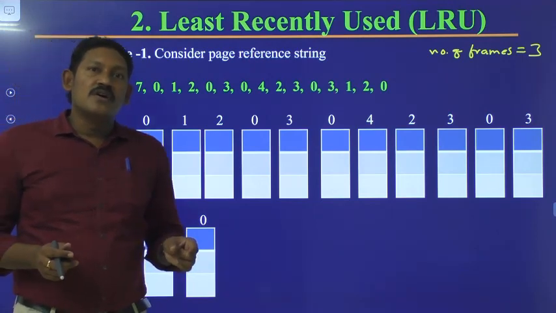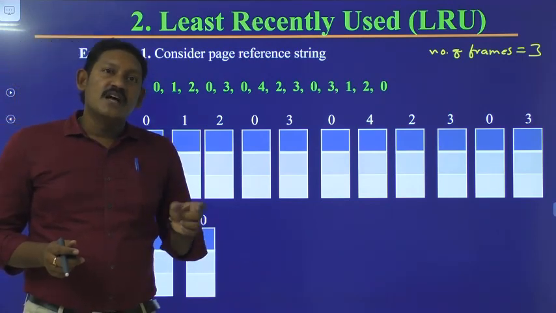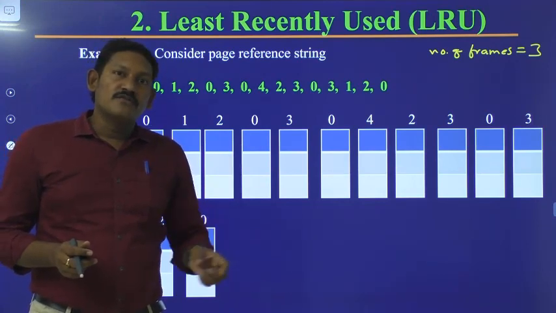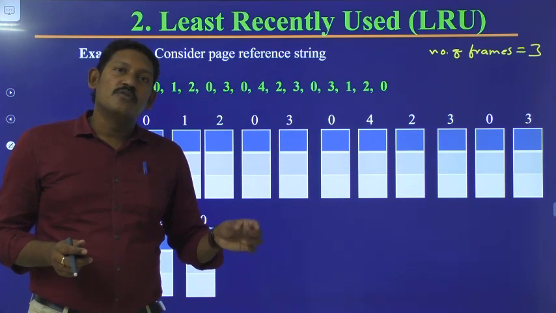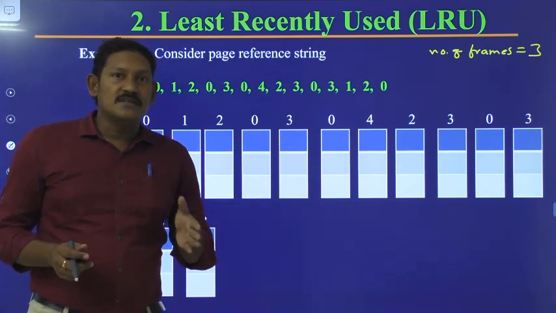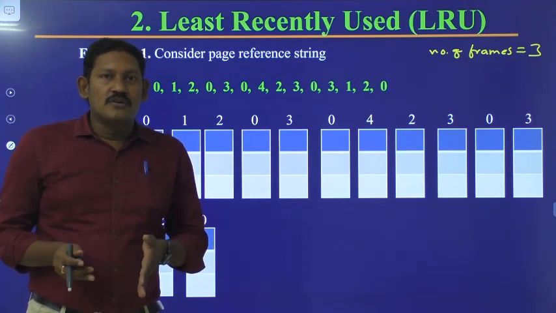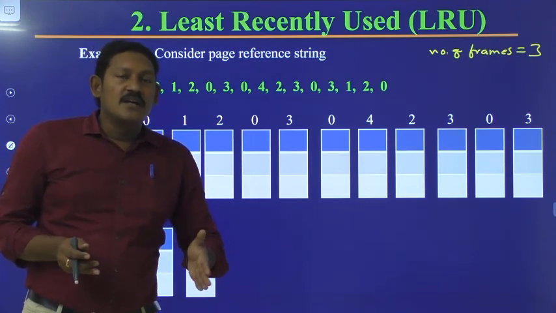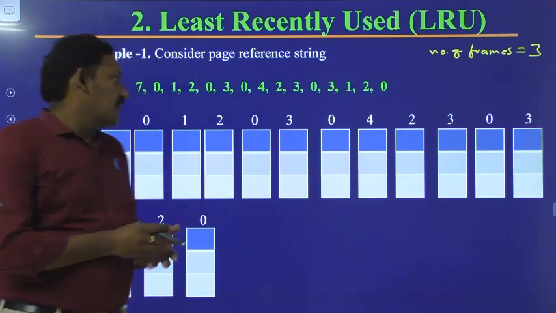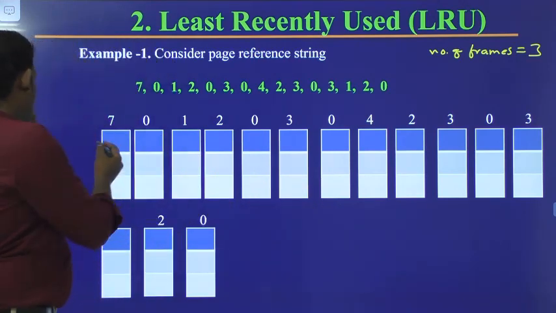Least recently used means the movie you watched on 1st. If you have to remove one, you remove the movie you watched on 1st, because today is 4th, and the most recent is 3rd, before that 2nd, before that 1st. Like that, you have to approach. Here also the same.